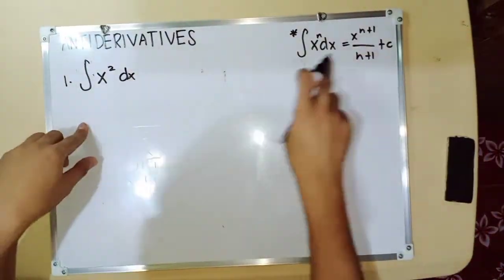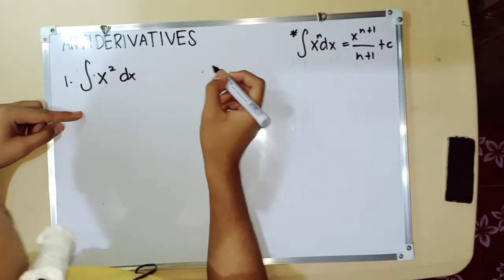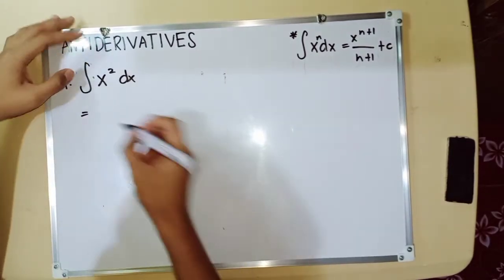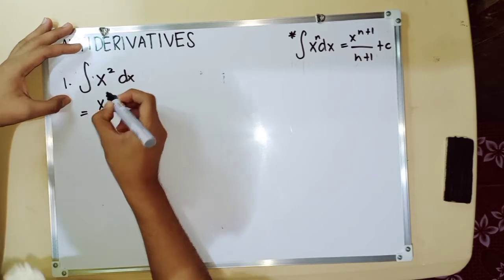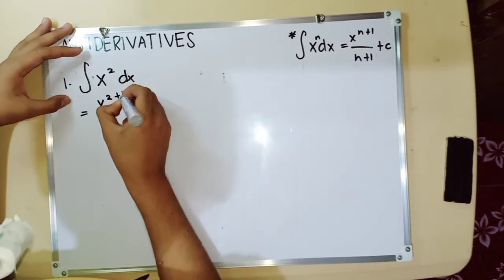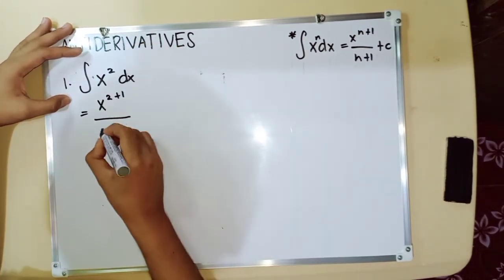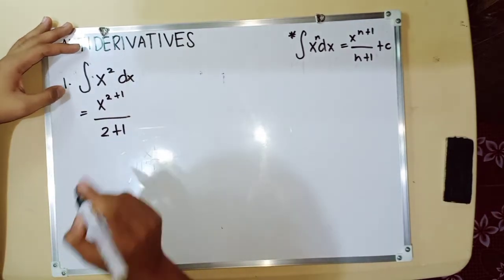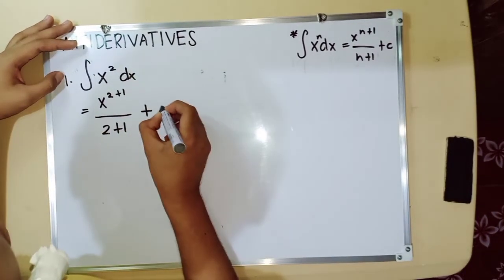So, applying this rule dito, ang gagawin natin ay copy lang natin ang x raised to 2, then plus 1 over its exponent 2 plus 1. At huwag natin kakalimutan ang constant of integration.